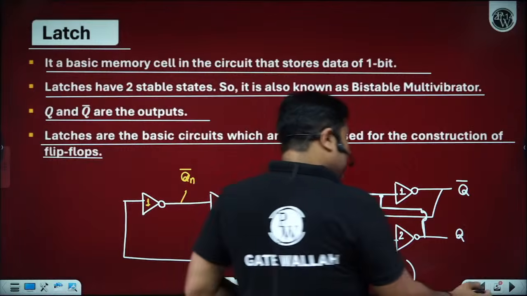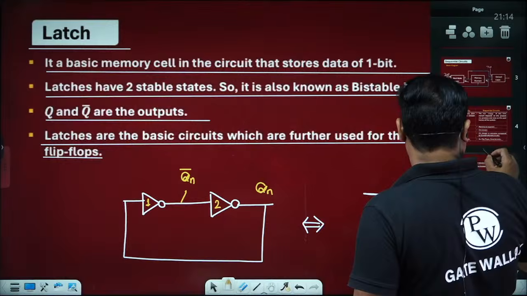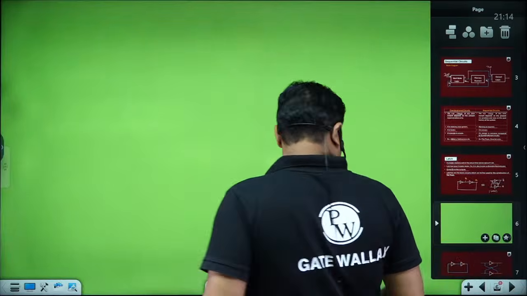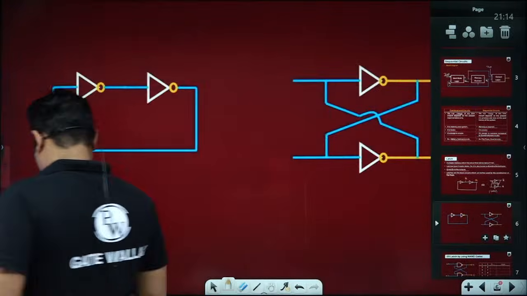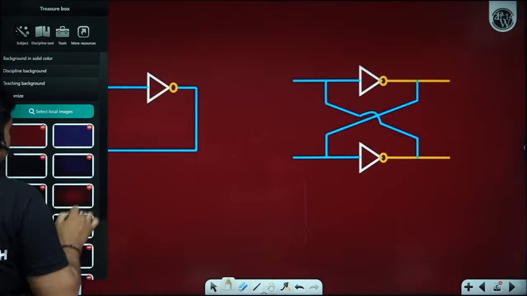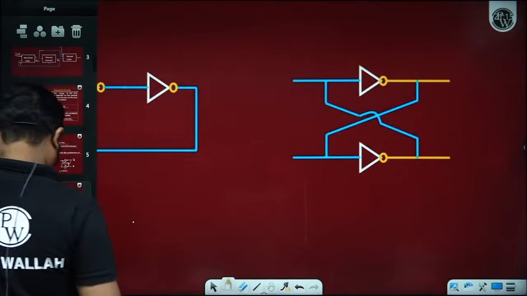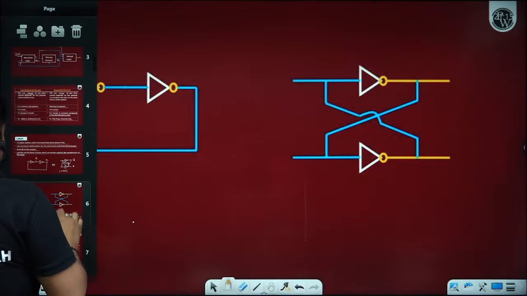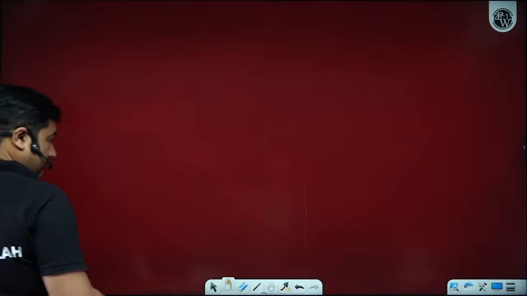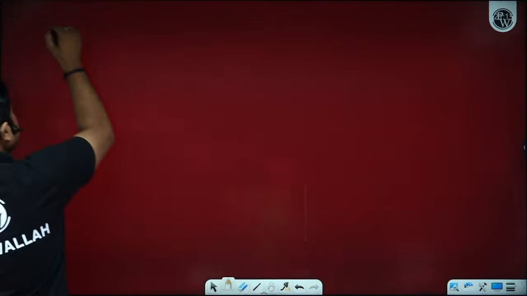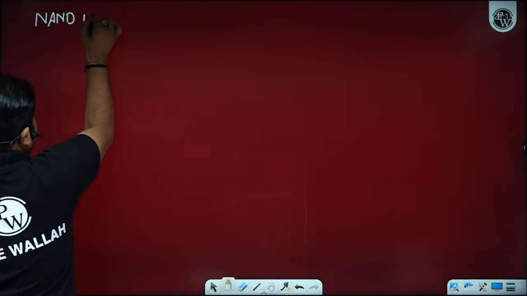So let's have a discussion. Latches using NAND gate. Let us first discuss the NAND latch.